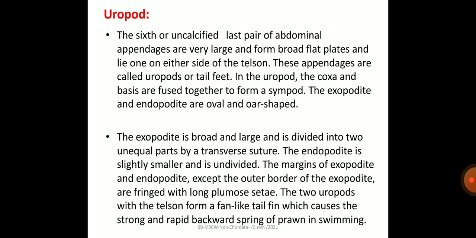These appendages are called uropods or tail feet. In the uropod, the coxa and basis are fused together to form a structure called the sympod, S-Y-M-P-O-D, and the exopodite as well as endopodite are oval and oar-shaped, O-A-R, structures.